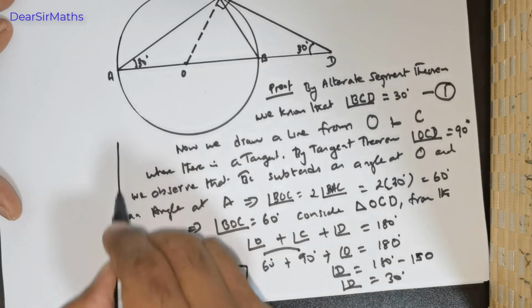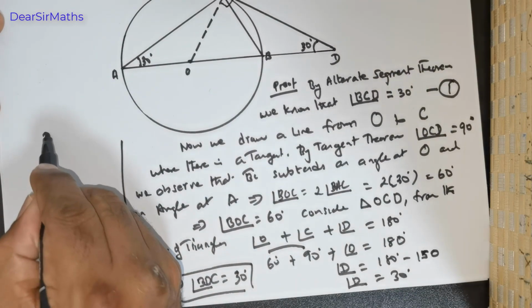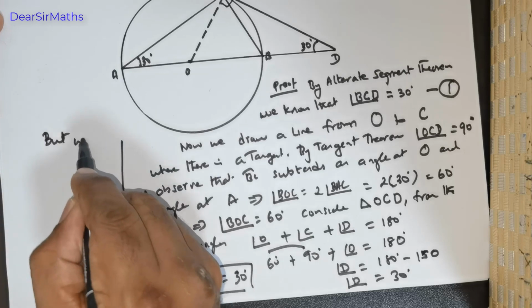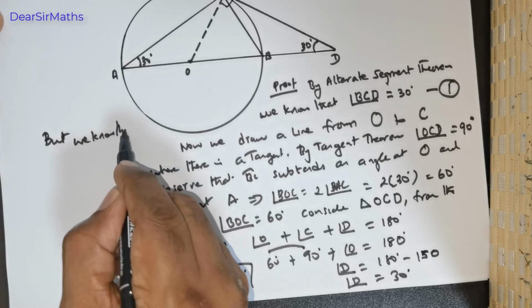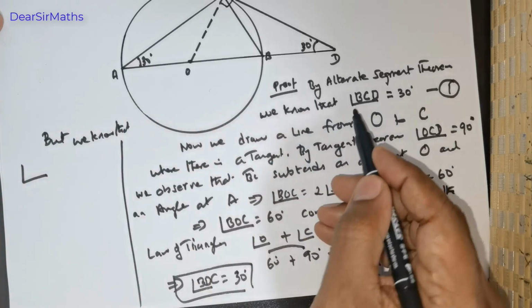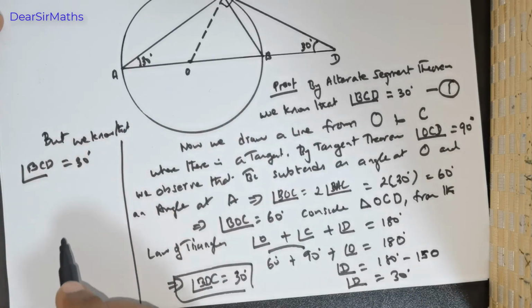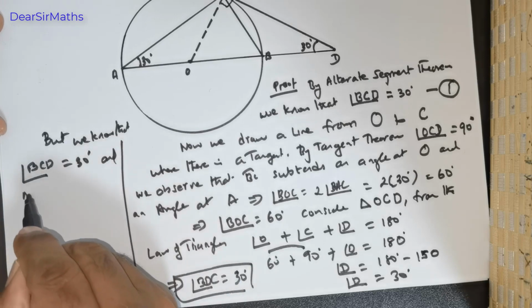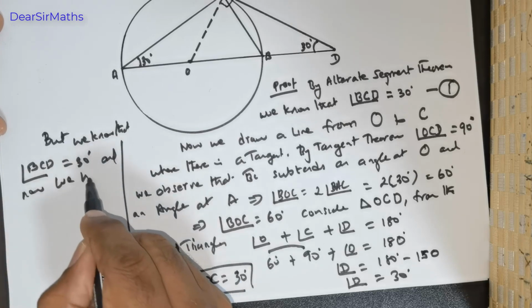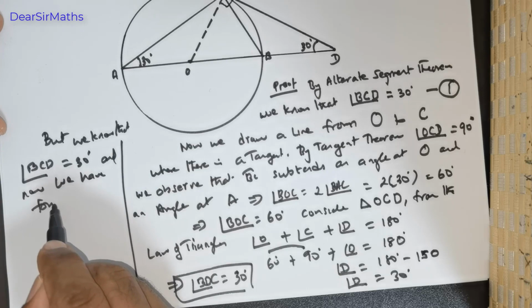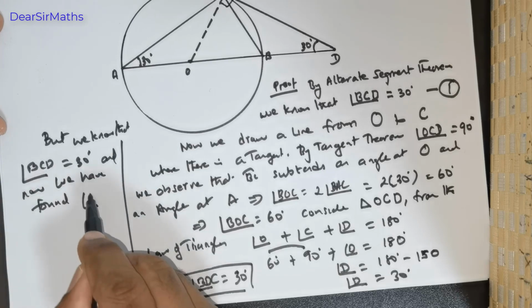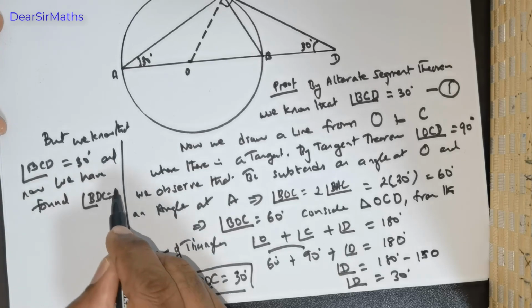But we know that, let me write that down, what do we know? BCD is equal to 30 degrees, and now we have found BDC is 30 degrees.